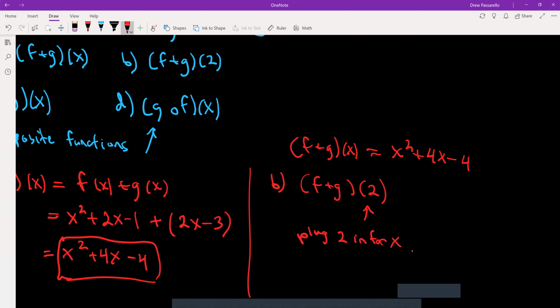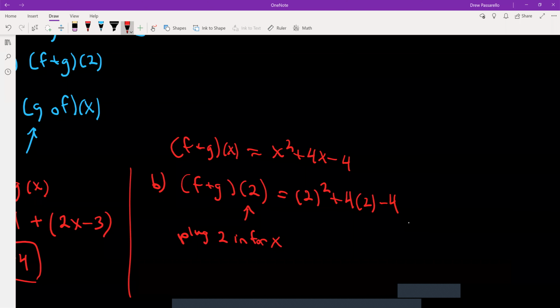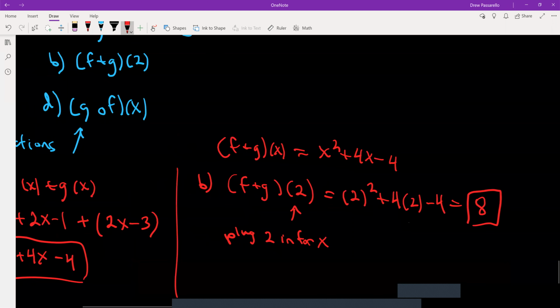I'm using my result from the previous question and plugging in the value for x. So it'd be 2 squared plus 4 times 2 minus 4. So 2 squared, that's 4, plus 4 times 2, that's 8. So 4 plus 8, and then minus 4, which will give me 8. All right, so that's the answer for part B.